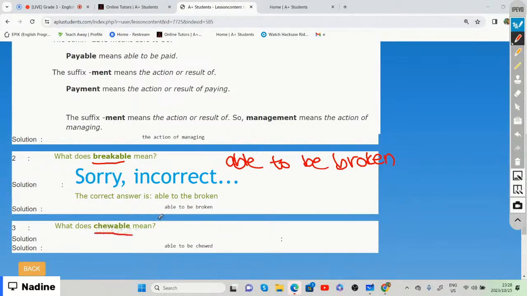Chewable is being able to be chewed. So this sweet or lollipop can be chewed, it's able to be chewed.